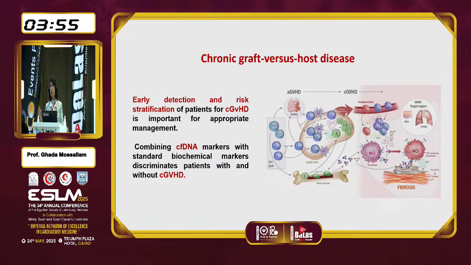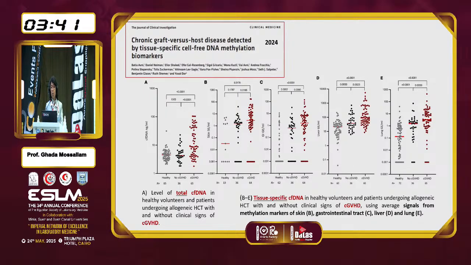Combining the new cell-free DNA markers with the standard biochemical markers could discriminate between patients with or without chronic graft-versus-host disease in many studies, because they reported significantly higher level of total DNA in patients with chronic graft-versus-host disease compared to healthy donors and healthy subjects, and also compared to transplanted patients but without chronic graft-versus-host disease.